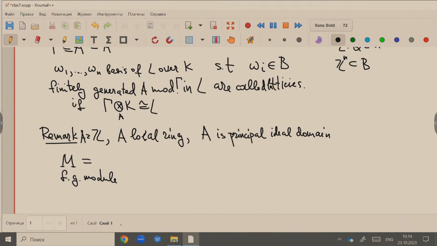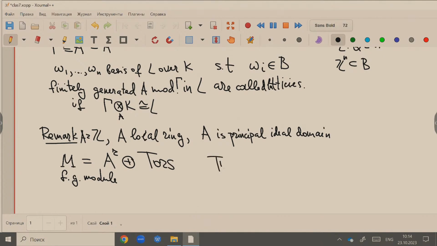There is a free part, which is A to the power r, where r is usually called the rank, and the torsion part.